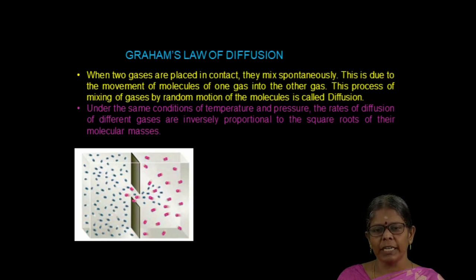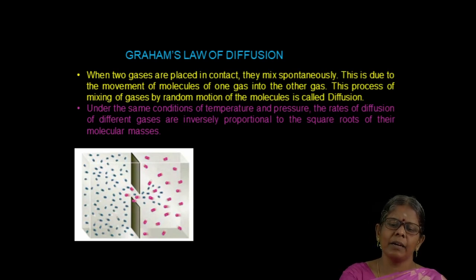They mix spontaneously because both types of molecules are in constant random motion and move towards each other. This process of mixing of gases by random motion without any external support is called diffusion. This diagram shows the diffusion of the blue molecule with that of the pink molecule without any external conditions.